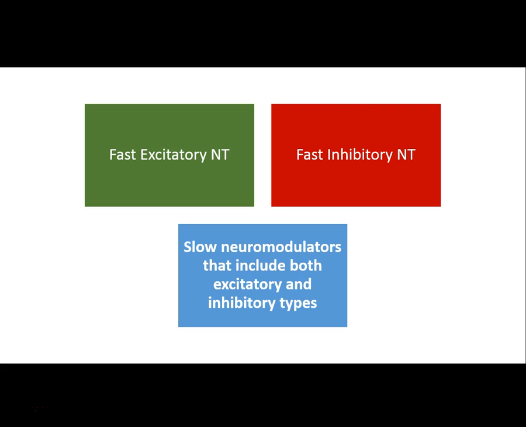What about the last class, the slow neuromodulators that can include both excitatory and inhibitory types? Most of the fast neurotransmitters are amino acids. Modulating neurotransmitters also include biogenic amines, such as dopamine and serotonin, small proteins like somatostatin, substance P, and enkephalins, and organic chemicals like epinephrine and norepinephrine, which are the catecholamines.